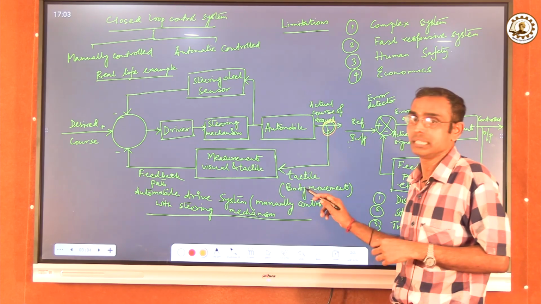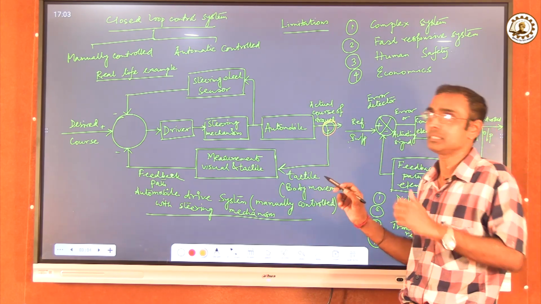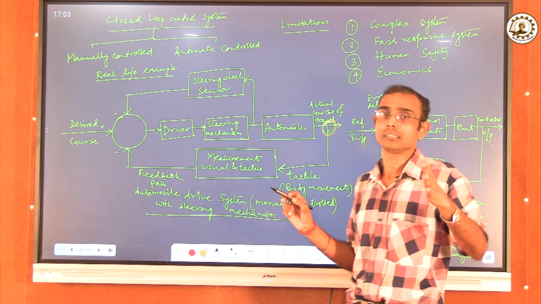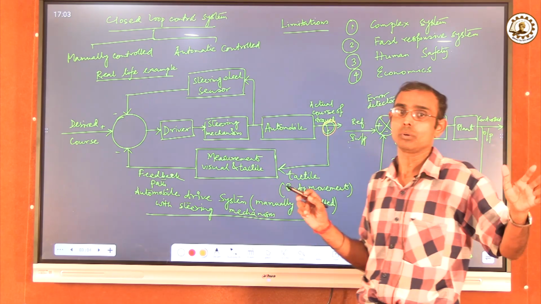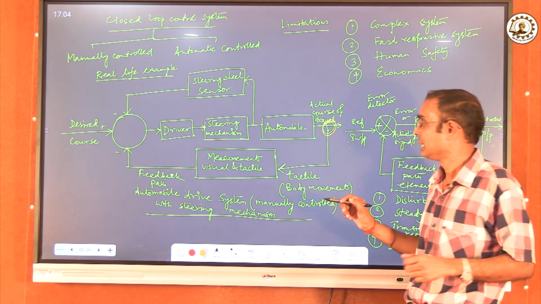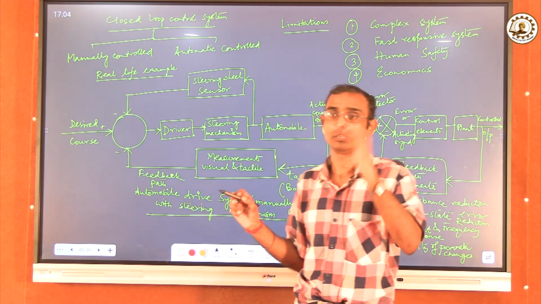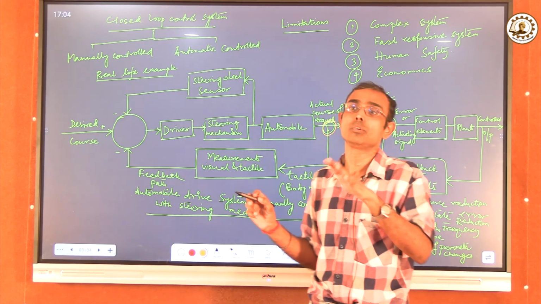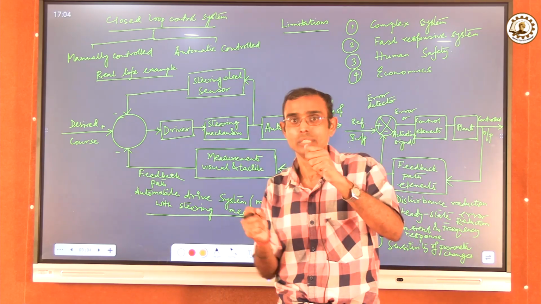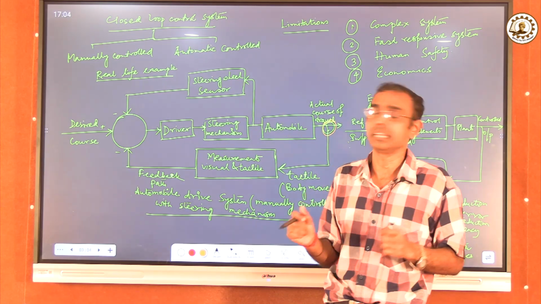The meaning of tactile is the body movement of the driver. That means according to the body movement, the vehicle is supposed to move in that particular direction. That is called the tactile movement. And the visual movement is that the driver will see the actual direction the vehicle goes once he changes the direction of his steering.